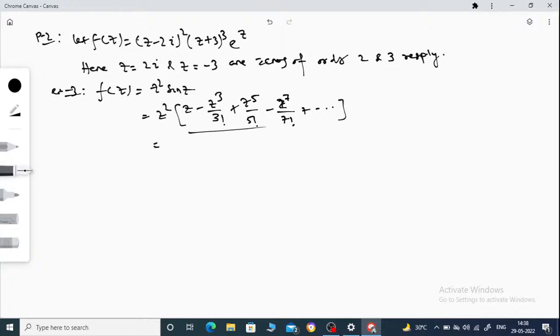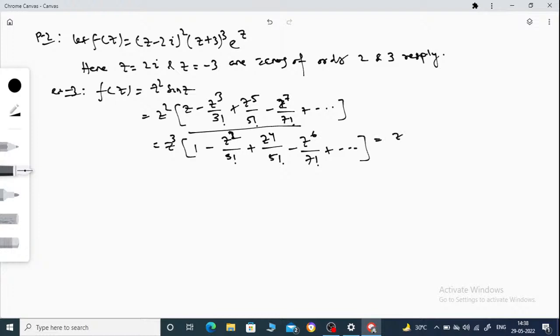If you take z common from this bracket, outside there will be z cube, then 1 minus z square by 3 factorial plus z to the power 4 by 5 factorial minus z to the power 6 by 7 factorial plus and so on.